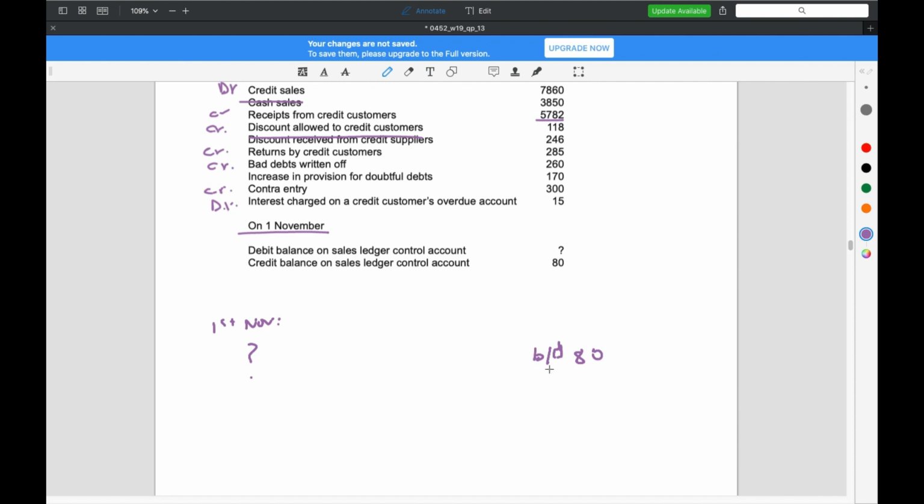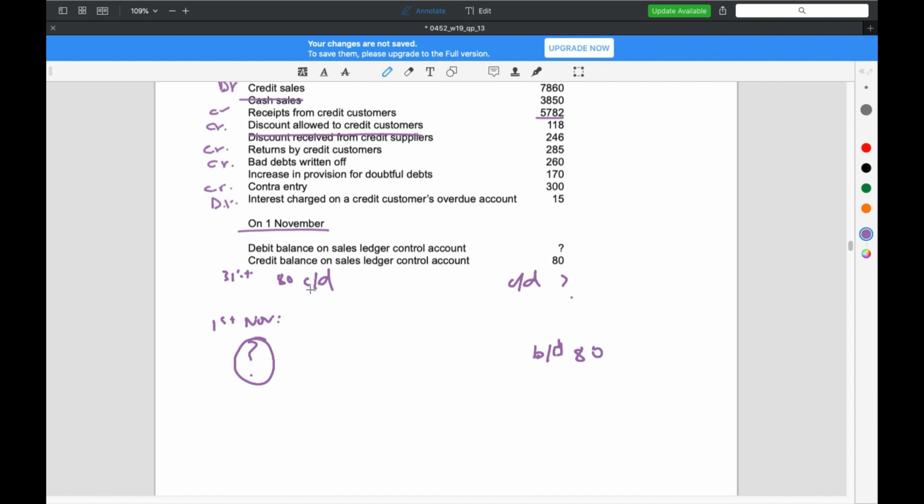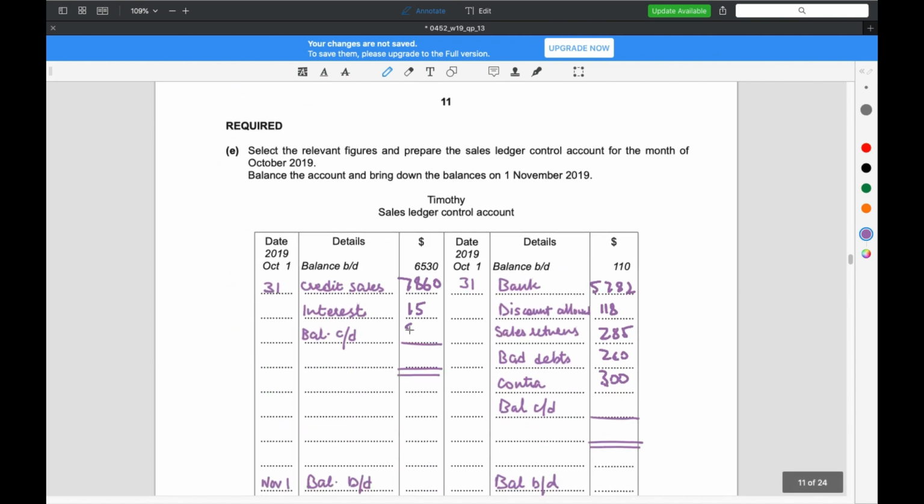Last month it was $80 carried down, and now this has been brought forward. Similarly, on the 31st of October, whatever this value was, it was the carry down over on the credit side. So $80 on the debit side was your carry down.